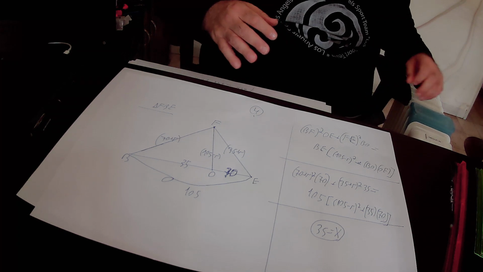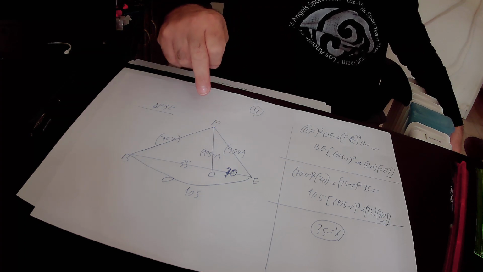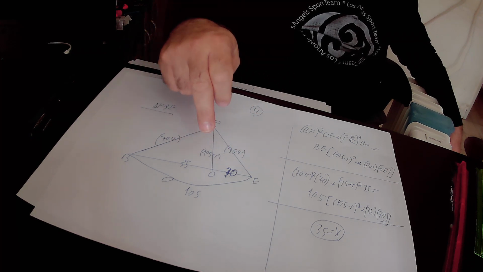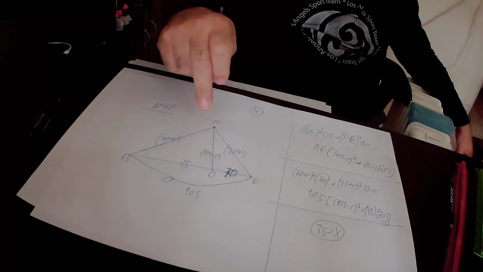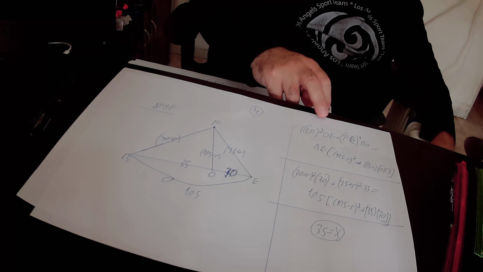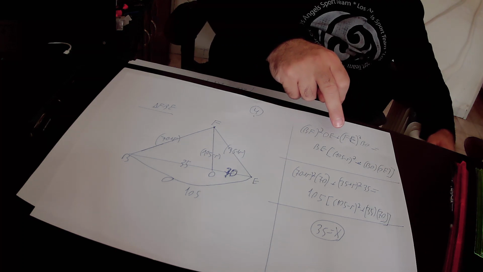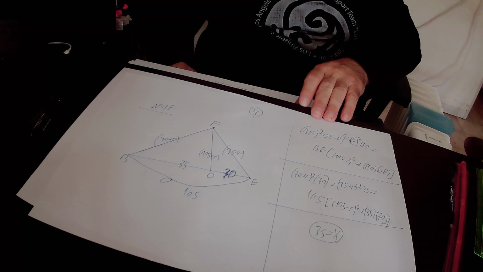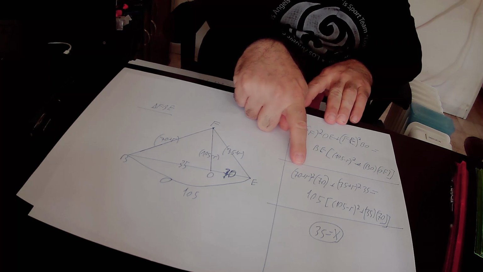According to Stewart's theorem, in this triangle, triangle BFO or BFE, BF squared times OE plus FE squared times BO equals BE, and in the brackets we have FO squared plus BO times OE. BF equals 70 plus R, therefore BF squared is 70 plus R squared times OE.